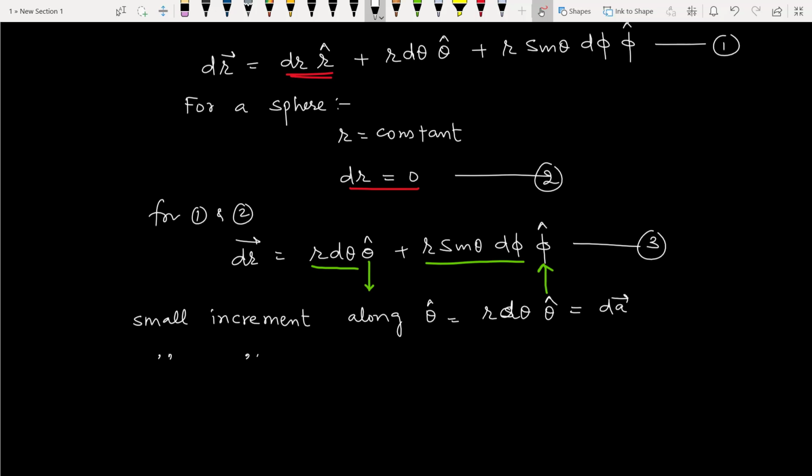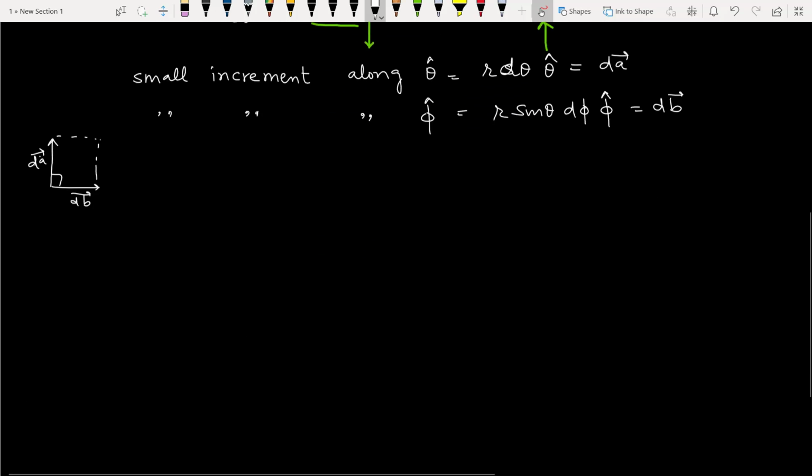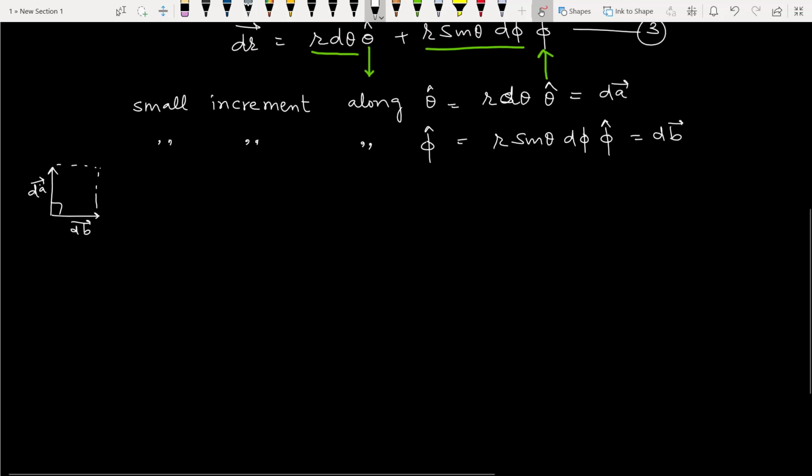Small increment along phi cap is r sin theta d phi phi cap, we mark it as dB vector. As we know, theta cap and phi cap are mutually perpendicular. So this is dA vector, this is dB vector, and these two vectors are at right angles on the surface of a sphere. So a rectangle will be formed on the surface of a sphere.